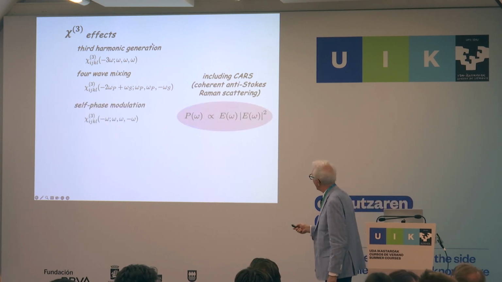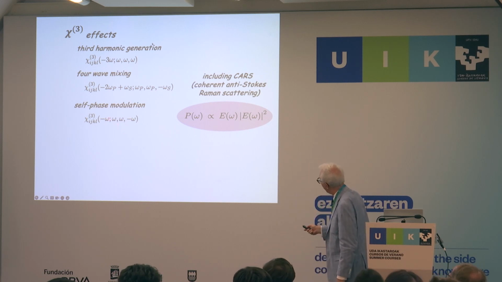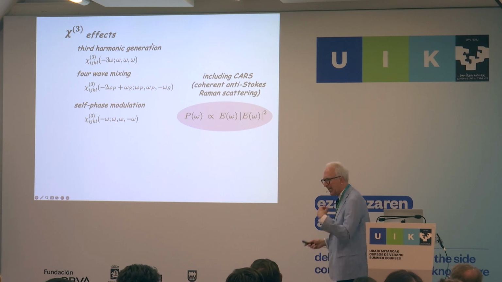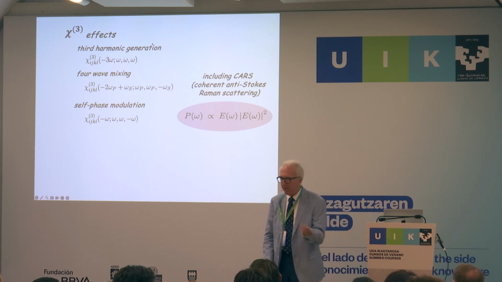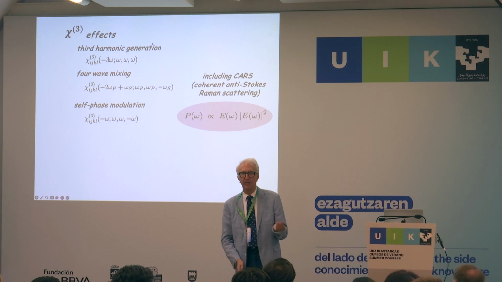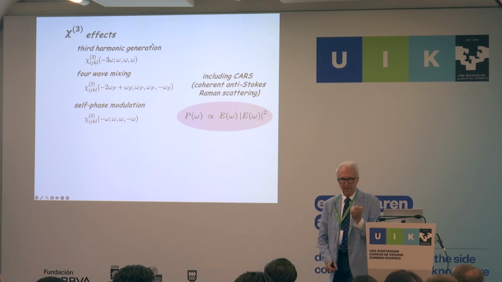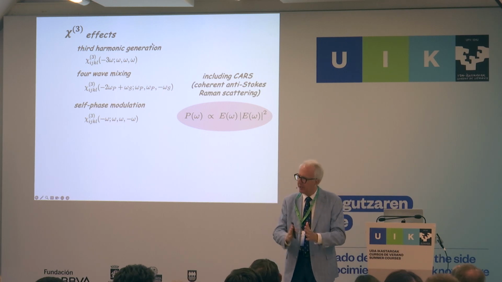There's self-phase modulation. This is an interesting one, okay? So self-phase modulation, look, I've got omega, omega, minus omega. So this is a P at omega that's proportional to E of omega times E of omega squared. So it's like the intensity is a new index of refraction. Okay? So here the intensity is modifying the index of refraction. Now, I want to use this to emphasize something, and that is, I've been talking about a perturbation expansion.